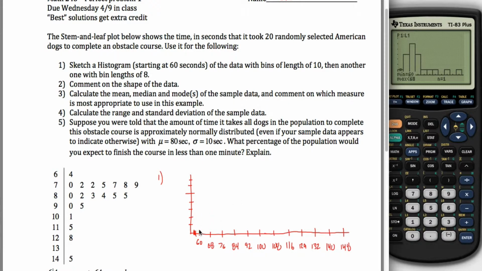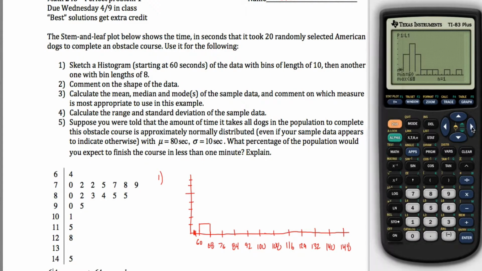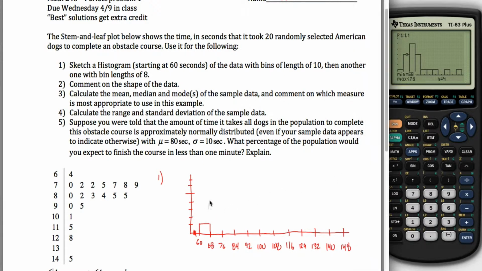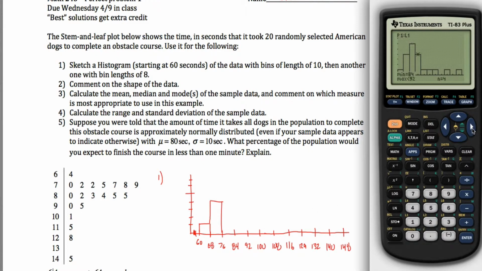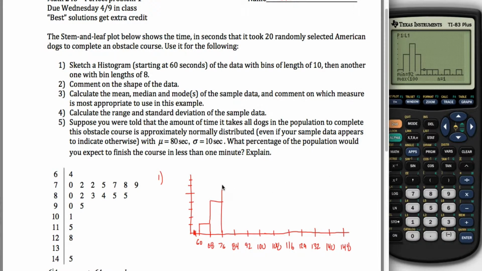My first one was 60 to 68, so it should go this way. That had 1. And then from 68 to 76, I had 4. And then continue in that fashion. Then I got 6, 4, 1. There's 6. There's 4. There's 1, approximately speaking.